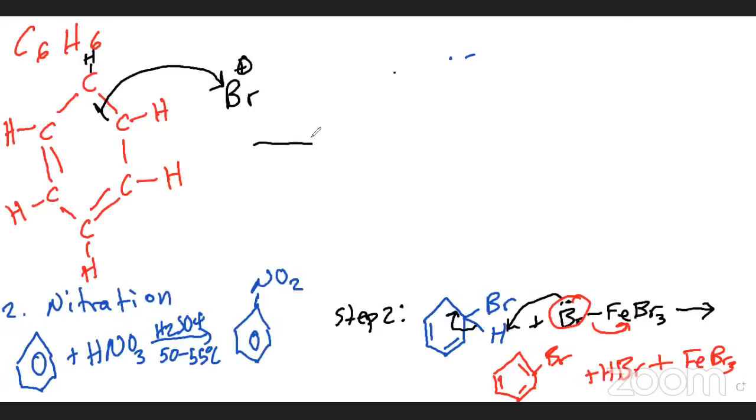That means the double bond is broken. The double bond is broken. You only have a single bond. And now we have the bromine attached to it. So we're forming a bond between the carbon and bromine. At the end of the process, bromine is attached. You still have the hydrogen there as well.